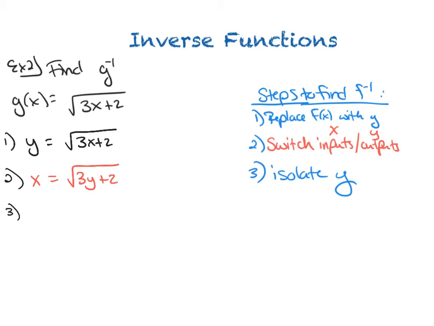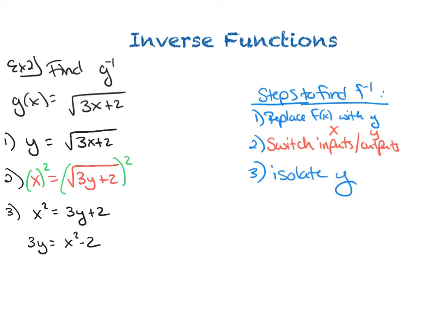So let's see, to get the y out of the square root, let's square both sides. And that will give us now x squared equals 3y plus 2. Subtracting 2 from both sides and writing it, 3y equals x squared minus 2.